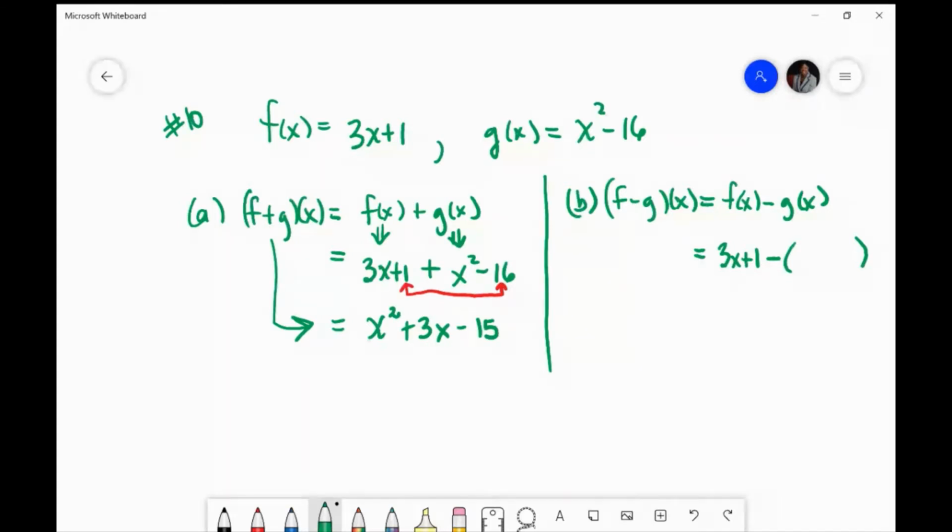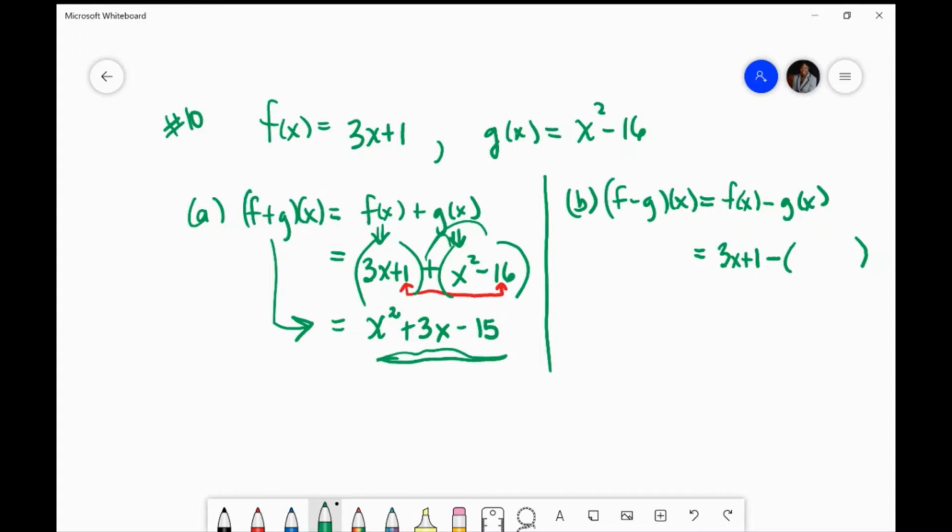Why wasn't it necessary over here? Because it was already positive. The plus sign is not going to affect the signs, correct? So it didn't matter. You could put parentheses if you wanted to, but it wasn't going to affect the outcome of the answer.